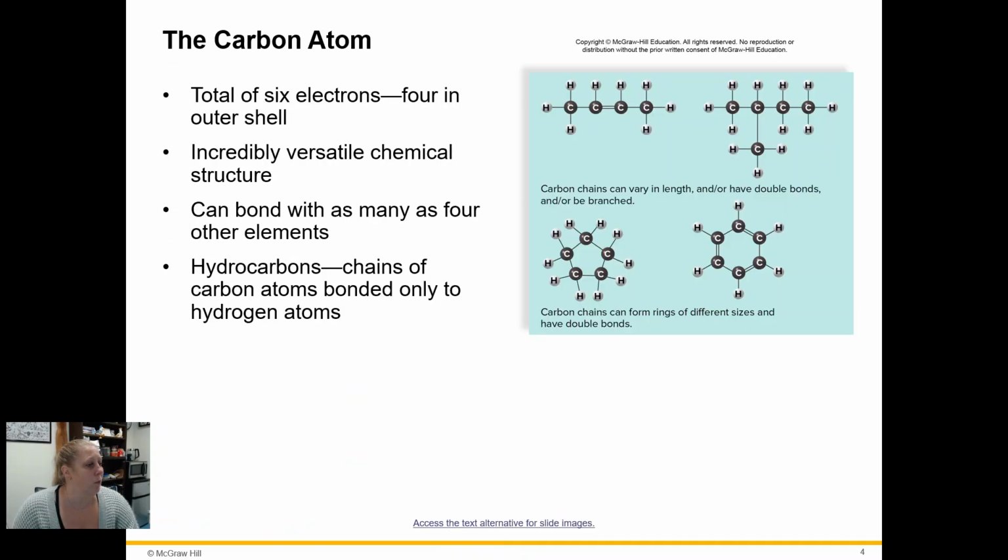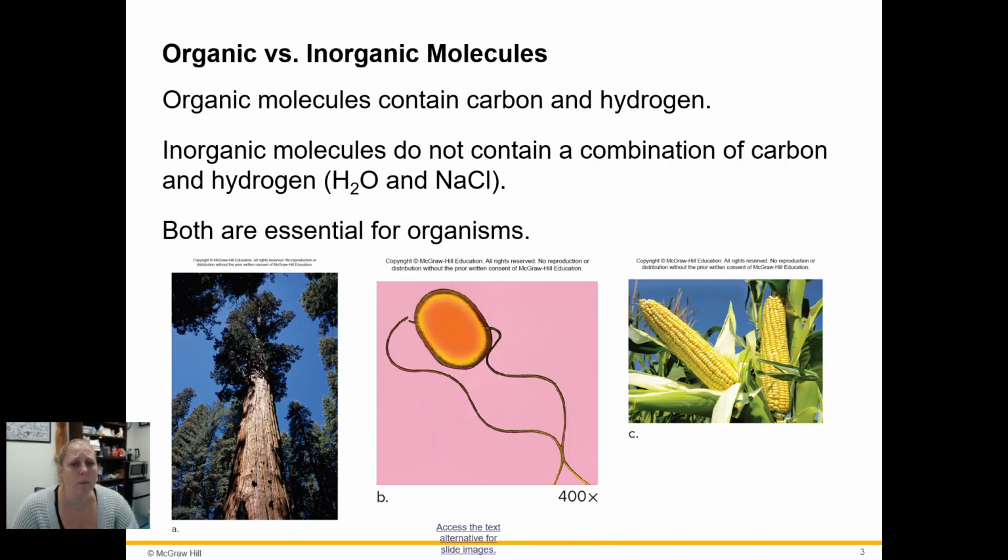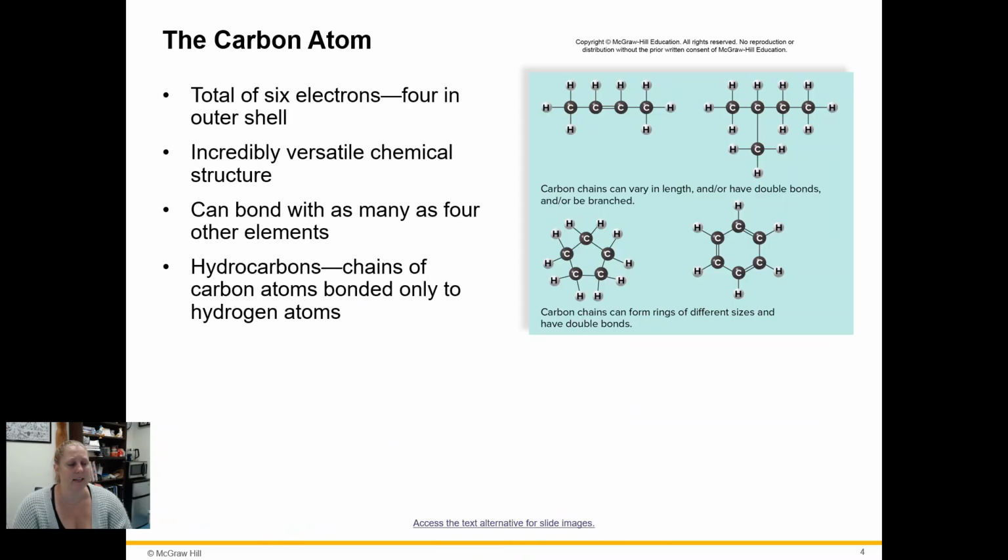Now, if you remember, carbon is absolutely fantastic. So carbon is 6 on the periodic table of elements, which means that it has 6 electrons, okay? And if you remember the octet rule, an atom wants to have 8 electrons in its outermost valence shell. So carbon has 4 electrons in its outermost shell, and as such, it can share electrons with up to 4 other elements.